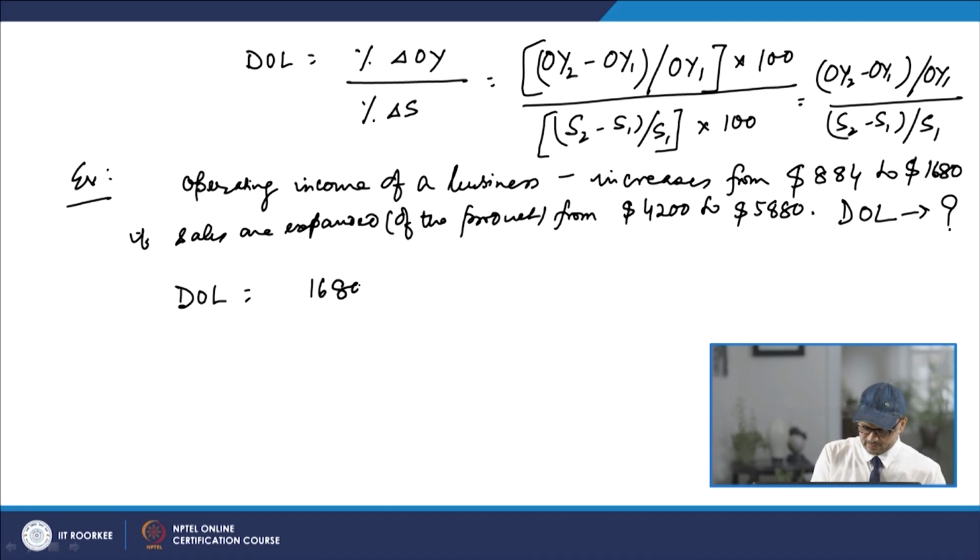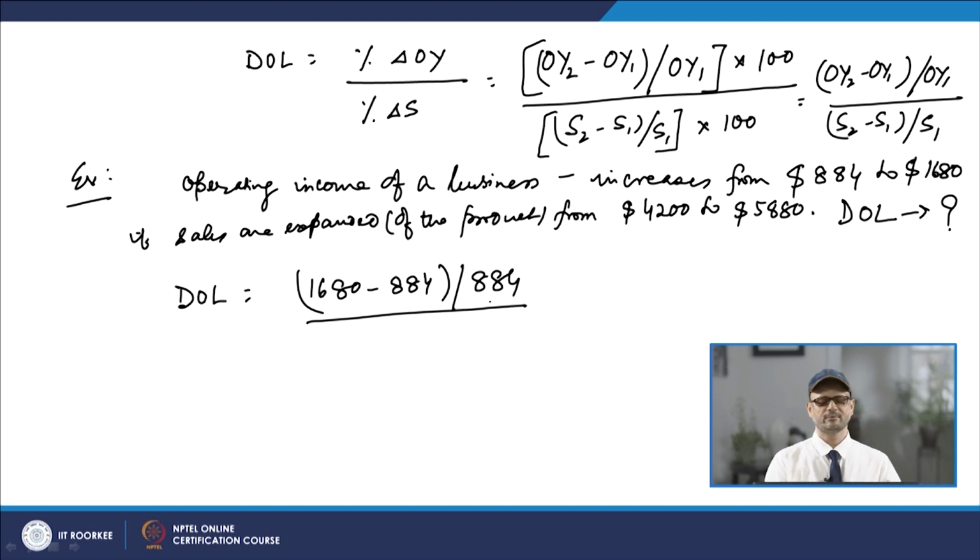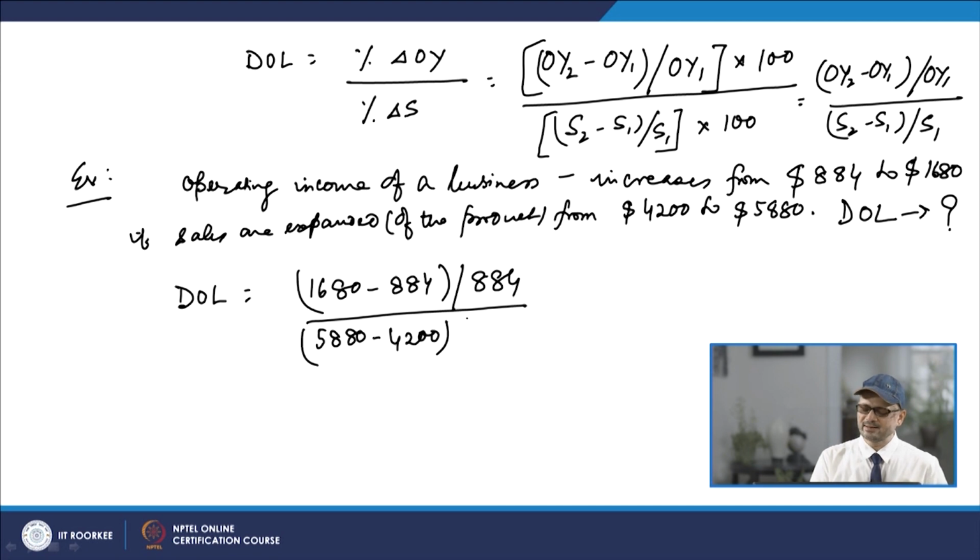So, 1680 minus 884, divided by 884, and then divided by the change in sales, that is 5880 minus 4200, divided by 4200. If you take its value, it comes to 2.25.